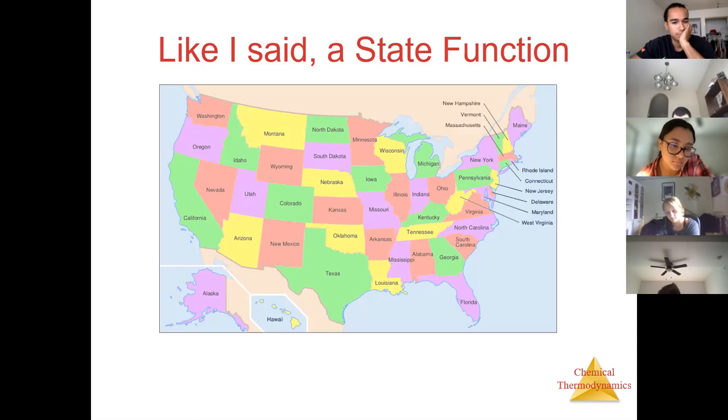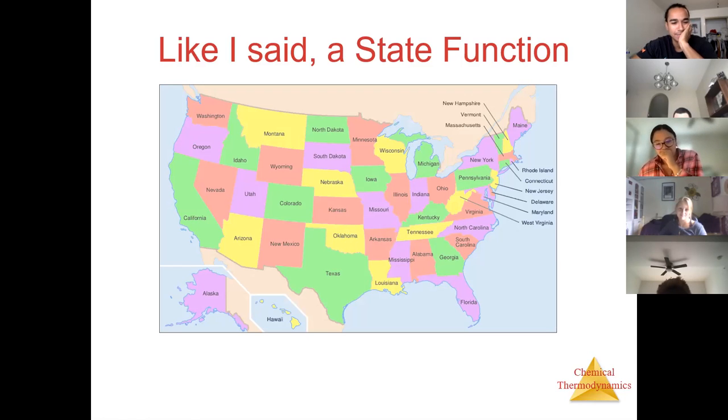No. You start in Tampa, you end in Seattle. So if I take the latitude of Seattle and subtract the latitude of Tampa, did it matter which way they took to get from Florida to Seattle? No. It's a state function. See, we have the states here.